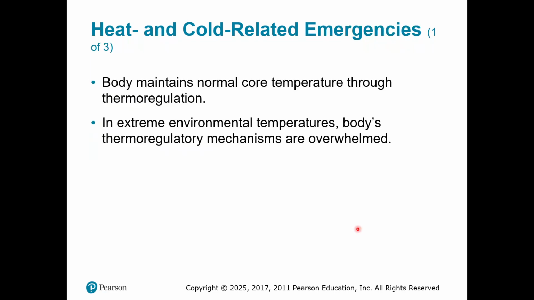So, heat and cold related emergencies. The body maintains a normal core temperature through something called thermoregulation. In extreme environmental temperatures, body thermoregulatory mechanisms are overwhelmed. A lot of those mechanisms start in the brain, like temperature is controlled with the hypothalamus.